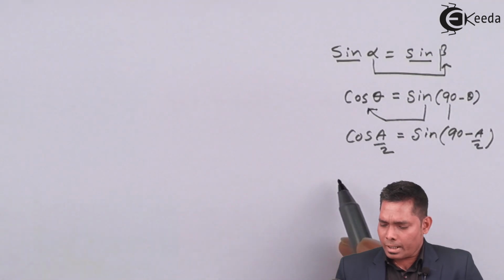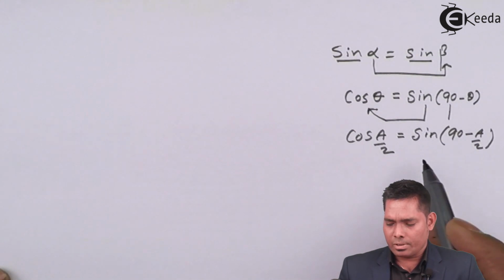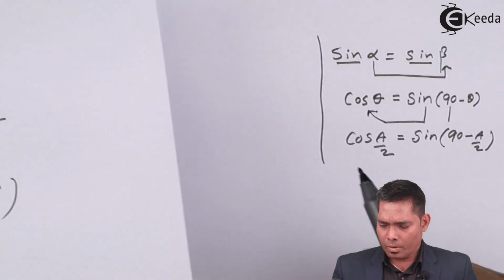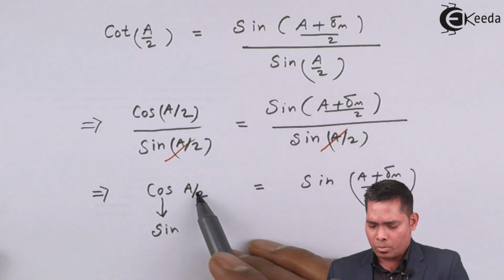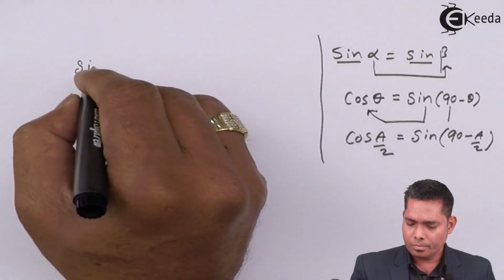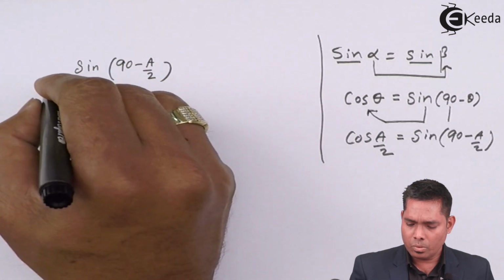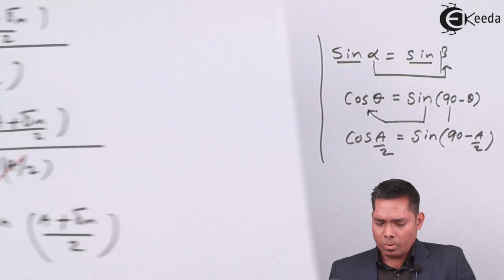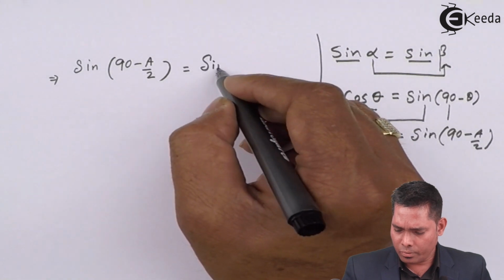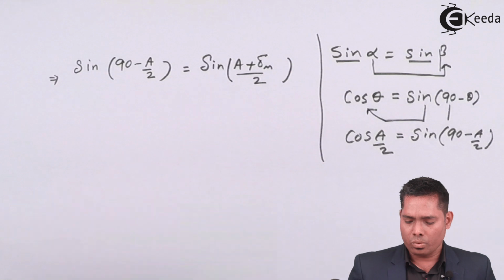So cos A by 2 is written as sine of 90 minus A by 2, which is equal to sine of A plus delta m divided by 2.